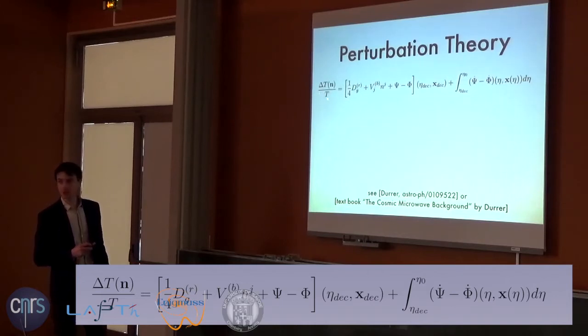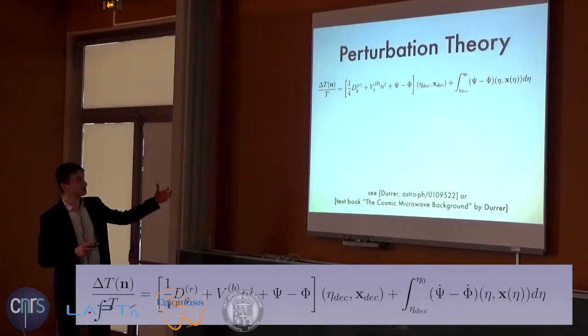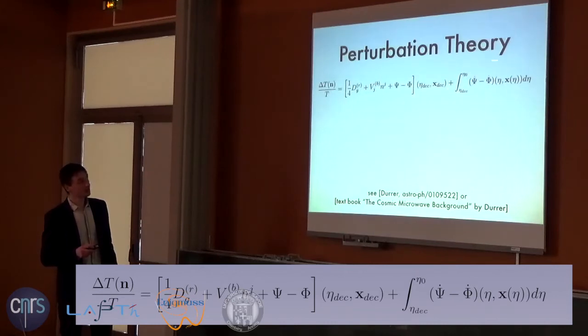The temperature perturbation in some direction n is given in a gauge invariant notation by the density of photons, the relative velocity of that spot on the surface of last scattering compared to the velocity of the observer, and the gravitational potential on the surface of last scattering, plus the integral over time of the time derivative of the gravitational potential along the photon path.